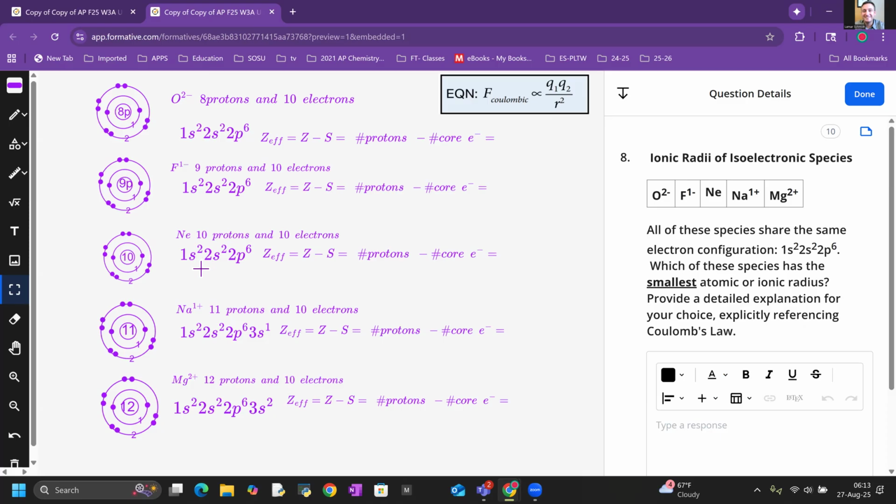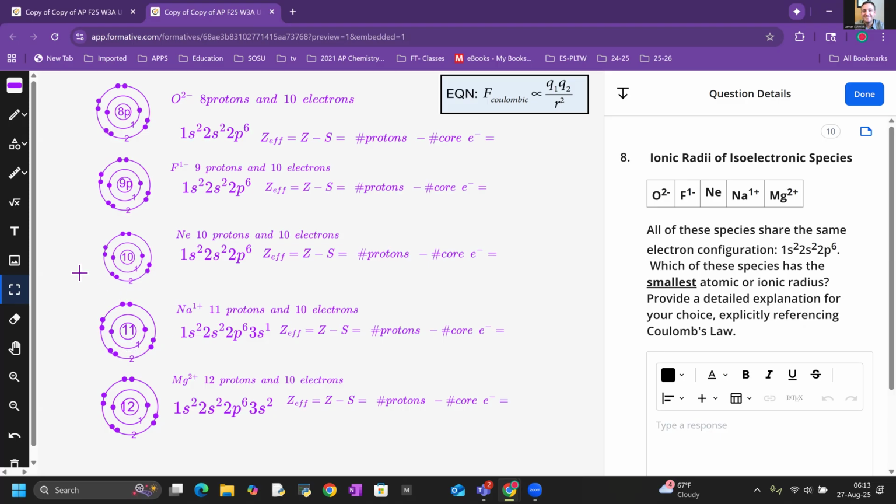And we see, once again, that this neon, even though it's not fluoride or oxide, has the same electron configuration as oxide and fluoride. They all three have a different number of protons, which makes them all 3 different elements. If we look at the sodium ion, and again, I'm drawing this with 10 electrons in this picture.